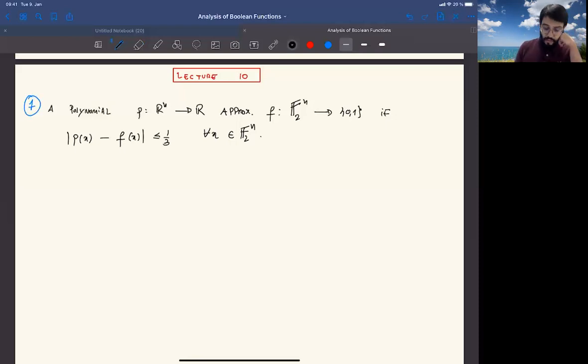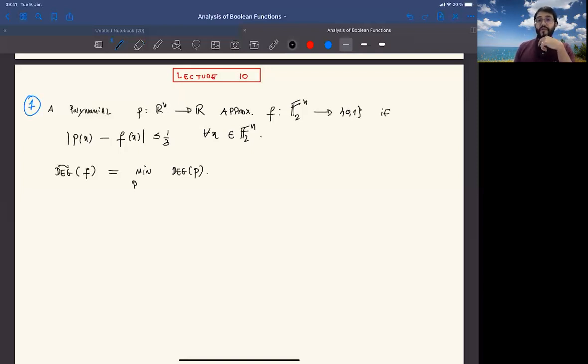And so the approximate degree of f is the minimum, over all P's that approximate f, of the degree of P.